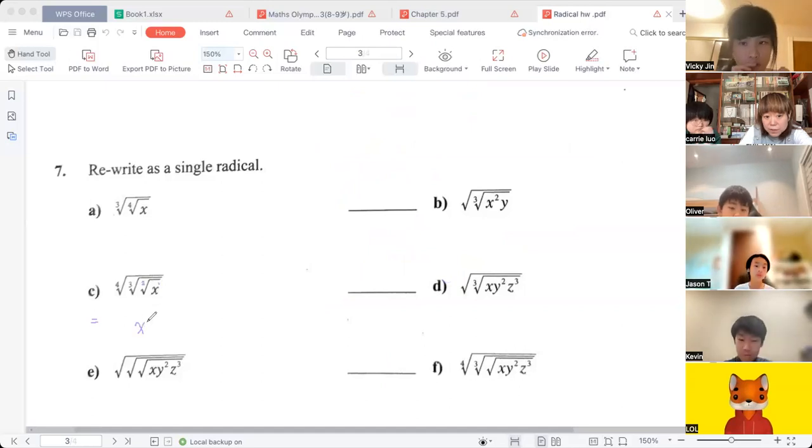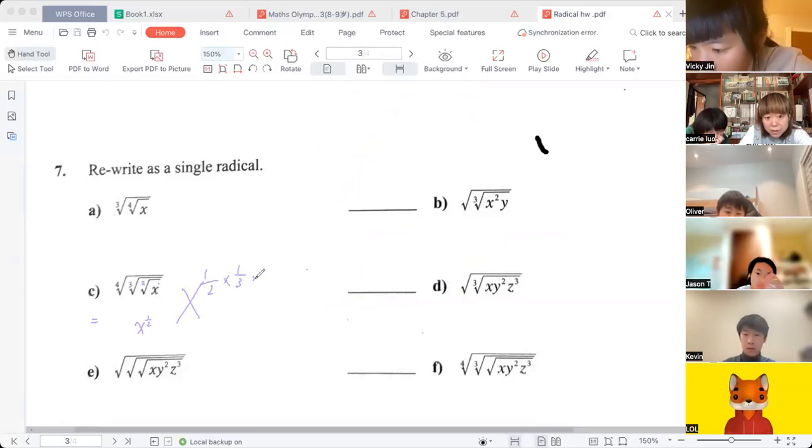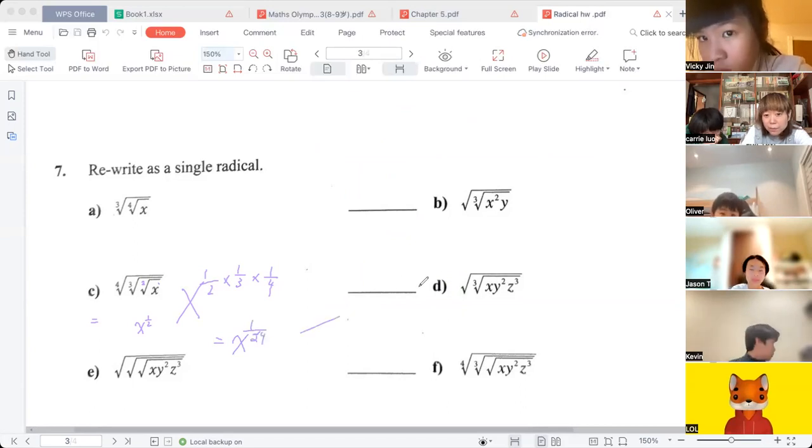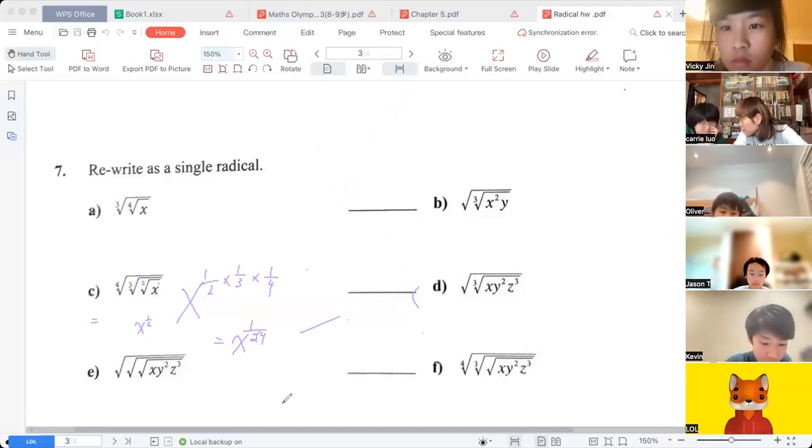First is actually a half, x to the half times 1/3 times 1/4 equals what? x to the power 1/24. Okay, everyone try again. I don't care whether you got it right. Number D, Number E, Number F, do them again, okay?